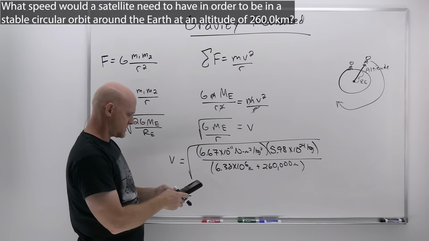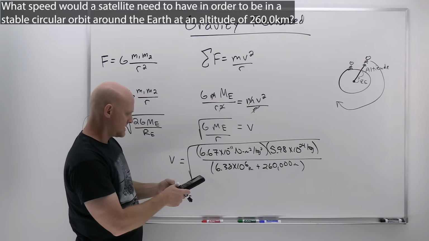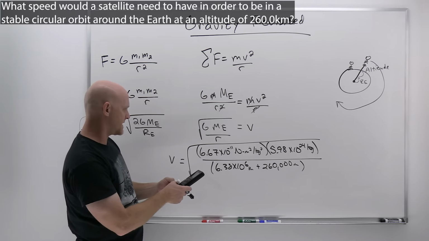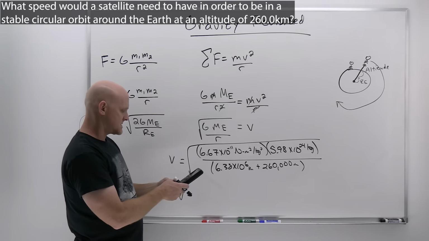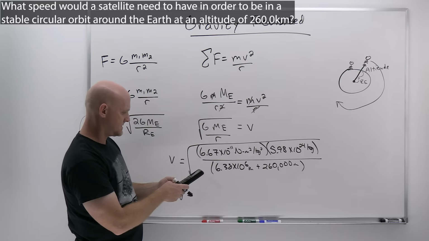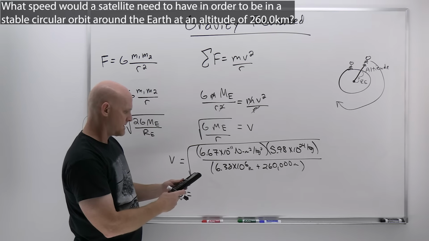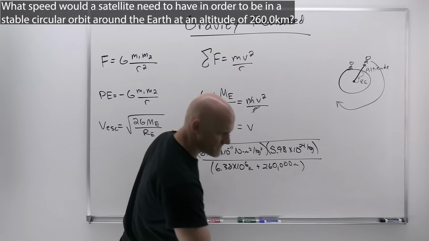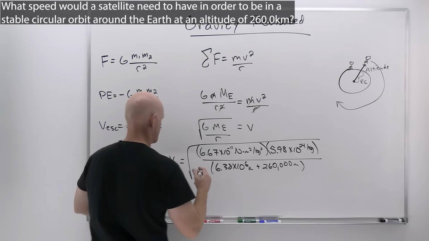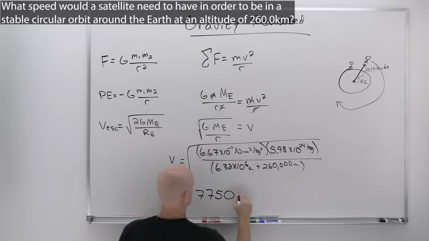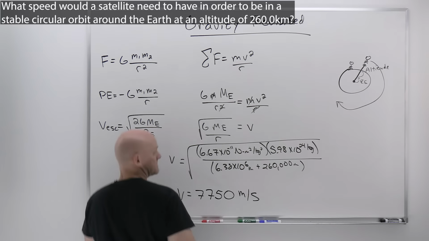All right, so 6.67 times 10 to the negative 11 times 5.98 times 10 to the 24th divided by parentheses 6.38 times 10 to the 6th plus 260,000 in my parentheses, and then we'll take the square root of that answer. 7,750, that's going to be meters per second.